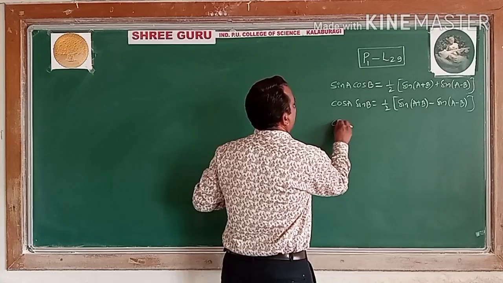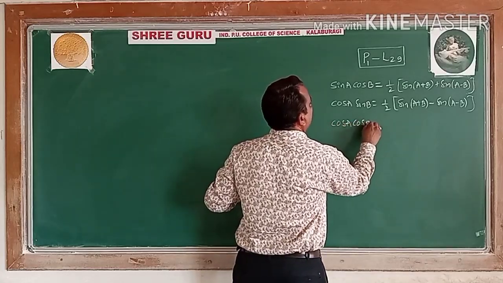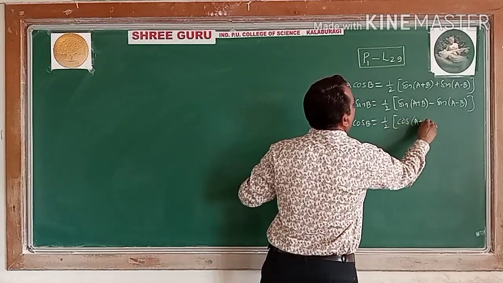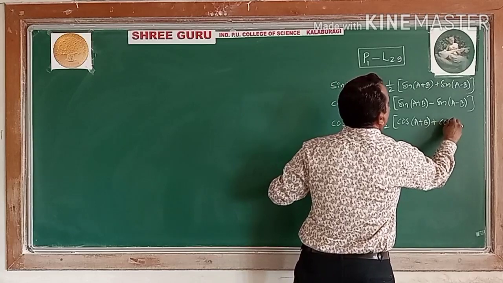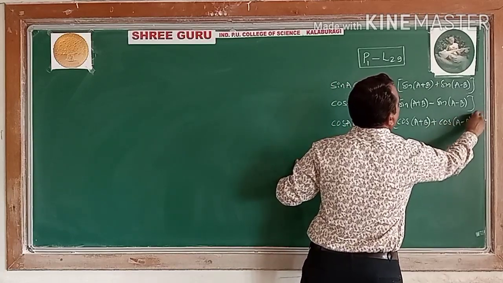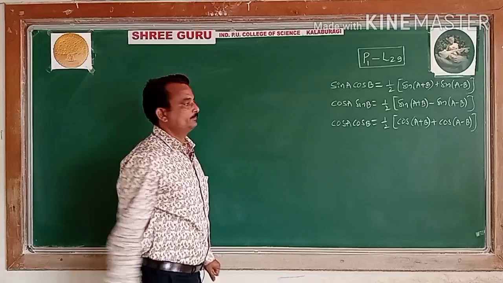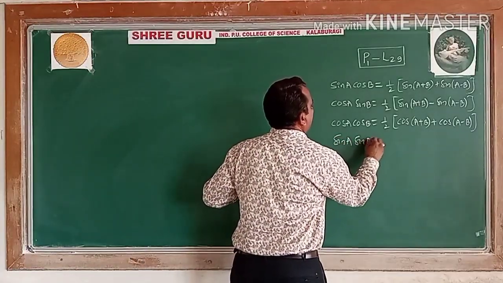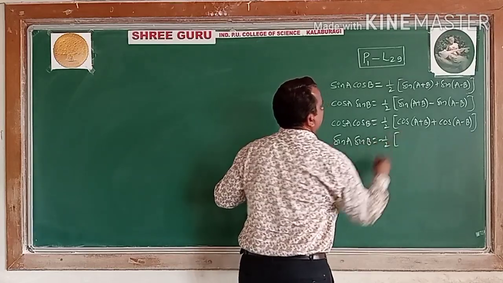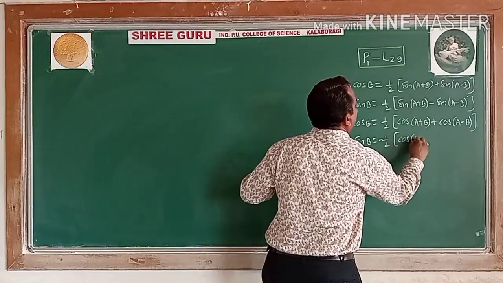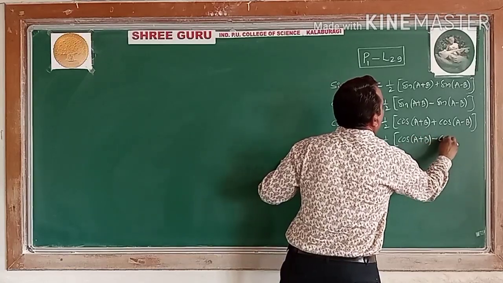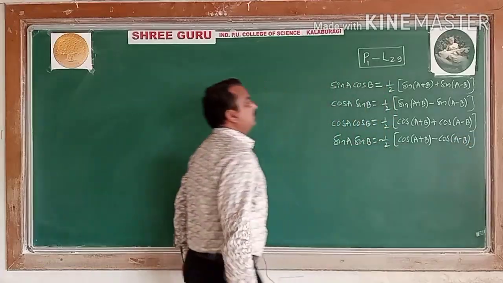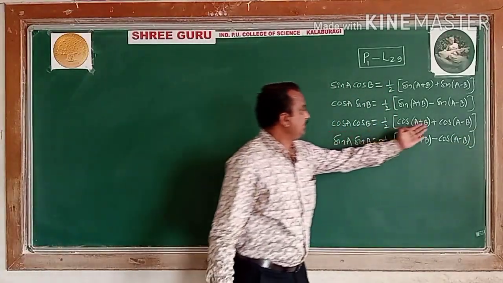Next, cos A into cos B equals 1 by 2 cos A plus B plus cos A minus B. Sin A into sin B equals minus 1 by 2 cos A plus B minus cos A minus B. See the difference of these two.